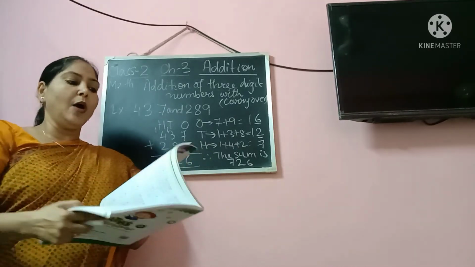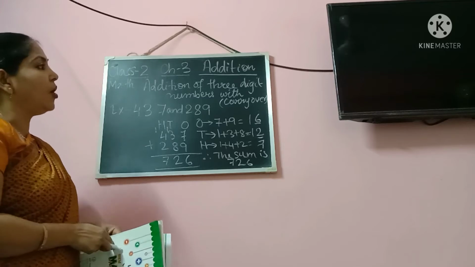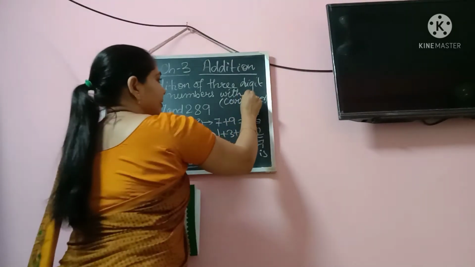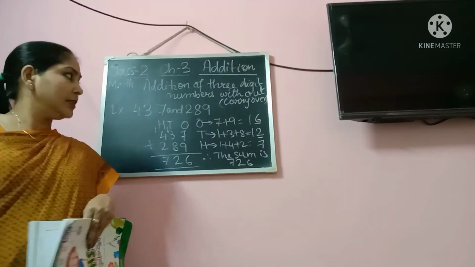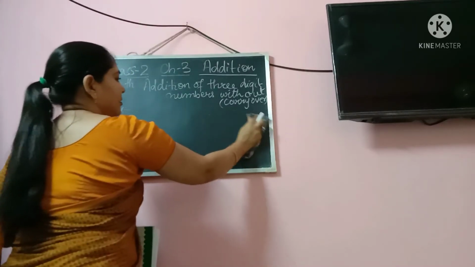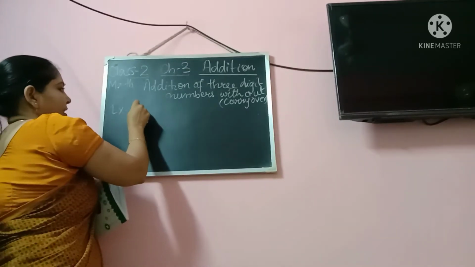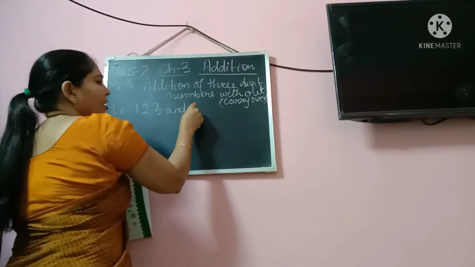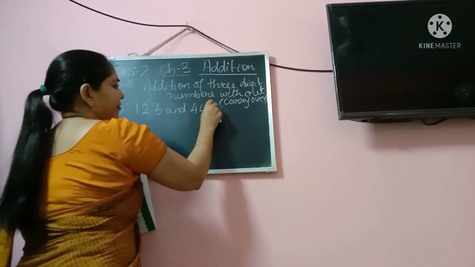Okay. Now I will be teaching you the addition of 3-digit number without carrying over. Let us do that. I am going to rub this question and I will take a number, for example, 123 and 445.